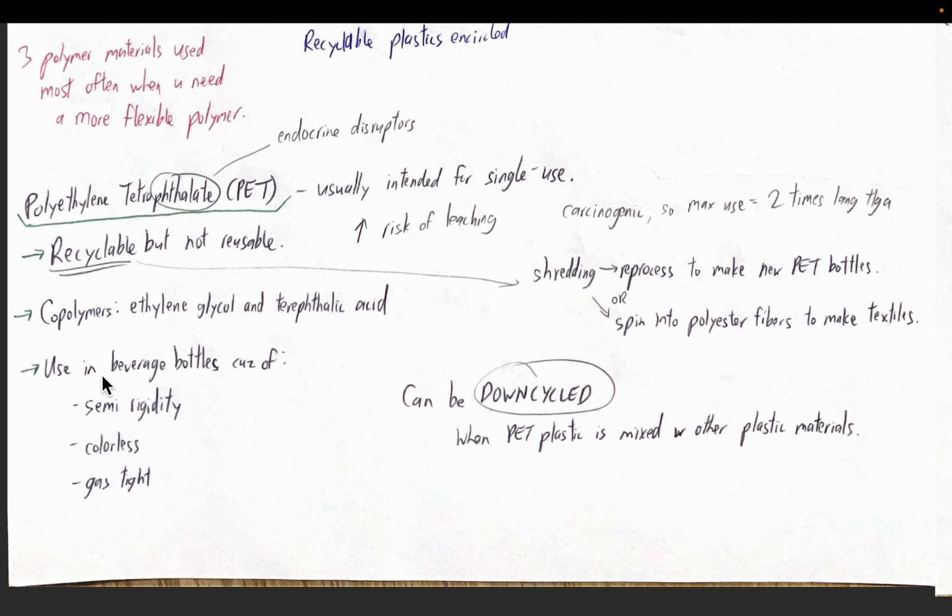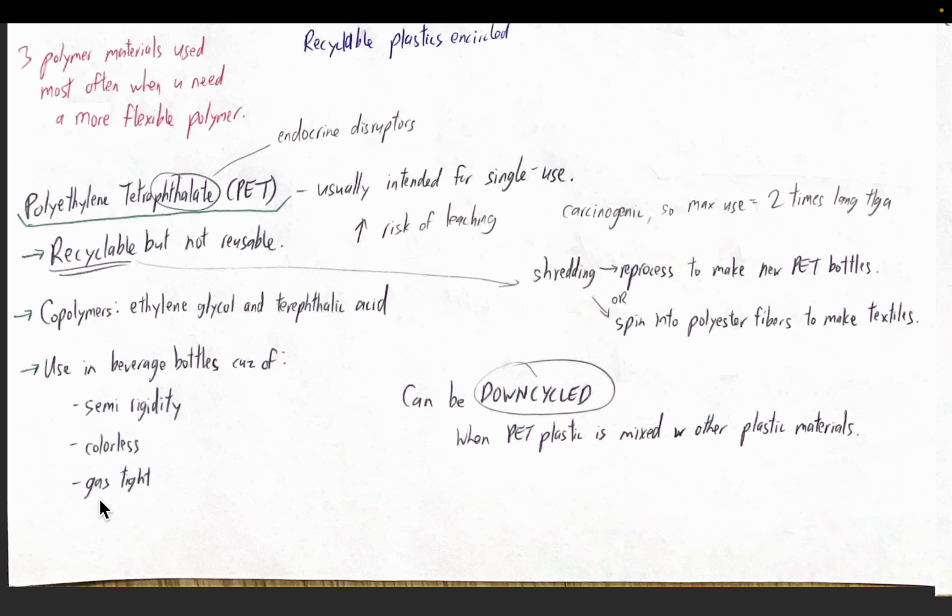What makes PET useful, although it has these characteristics of being carcinogenic and having a high risk of leaching, which makes it dangerous for human consumption through the containers made from this kind of material? Good characteristics are that they are semi-rigid, colorless, and gas tight.